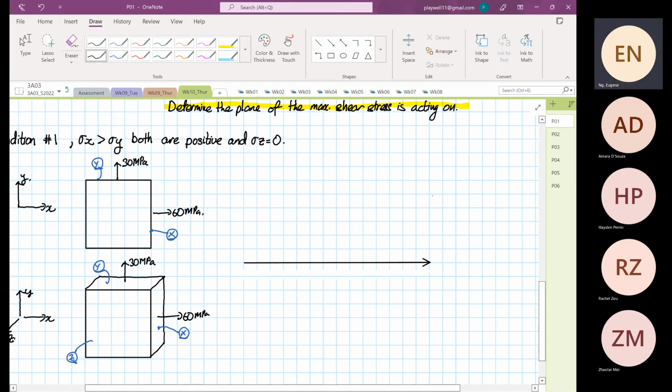So all these have no shearing stress. They are all the principal stresses. So this will be our 0, 10, 20, 30, 40, 50, 60 normal stress. And then we have our shearing stress.